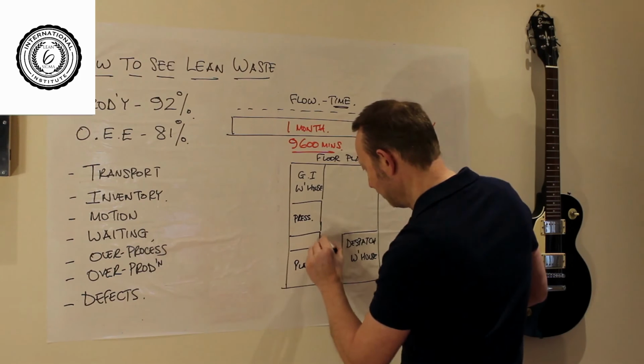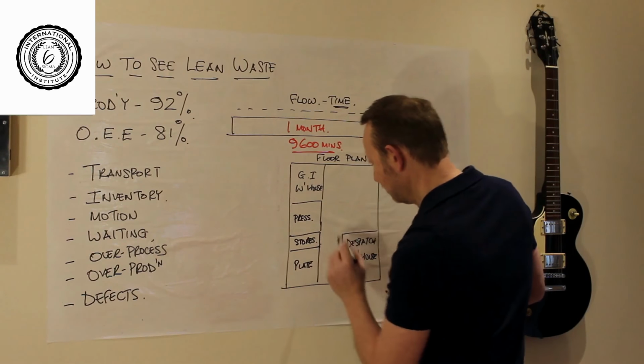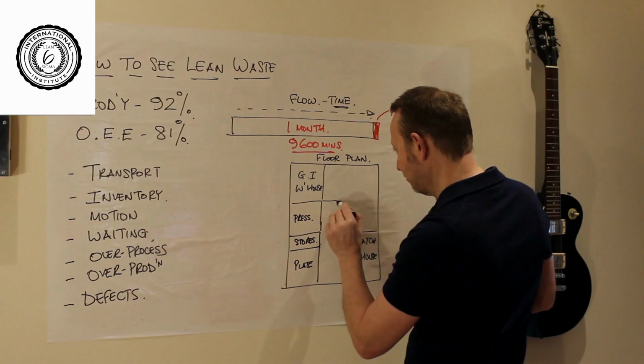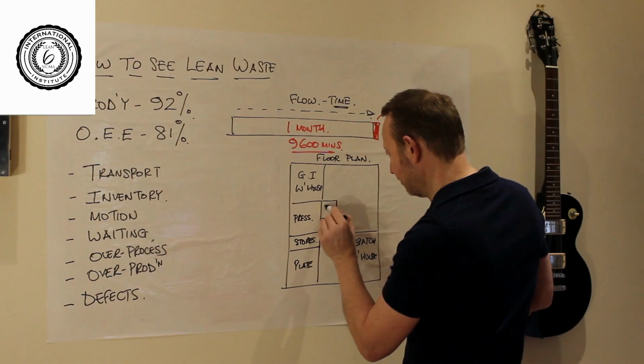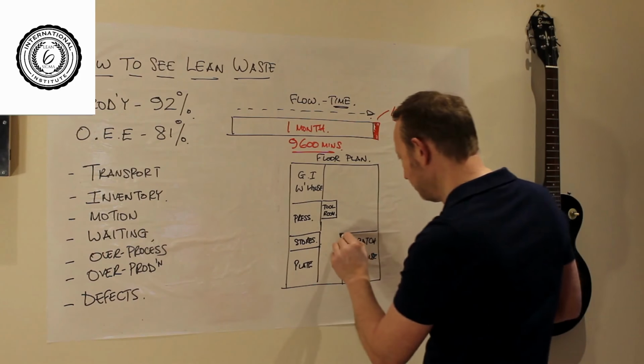Maybe we're going to do some plating. Maybe there's some stores in between those two. Maybe on the side of the press shop, this is the tool room. Keep the press tools in good shape.